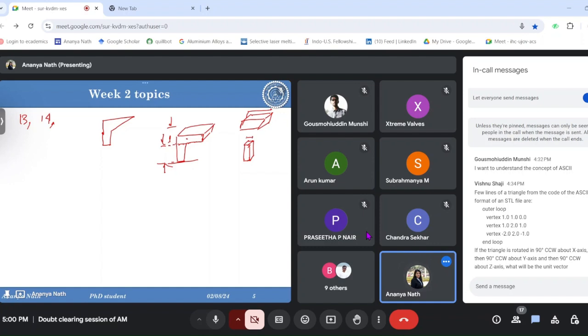Contour means if you want to see the projection of a particular part on the ground, it covers the periphery of that whole object. So for this portion the contour will be like this, and for this portion like this.